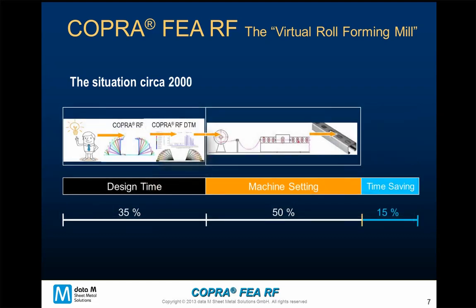Let's move forward and think about circa 2000 now. Some 15 years later, companies were already feeling the benefit of modern software and technology such as Copra RF. We had a much better picture of the process, and some significant time-saving tools enabled better strain analysis of the flow pattern during profile development.